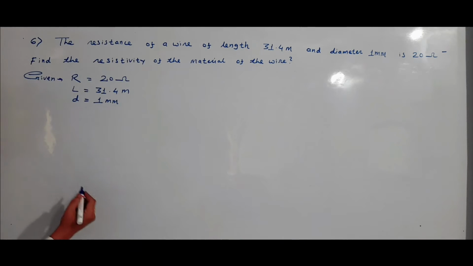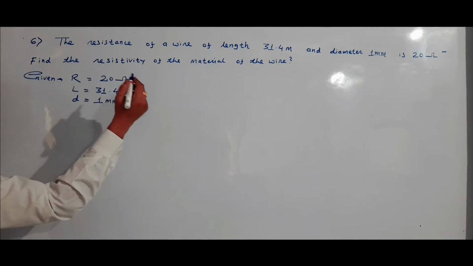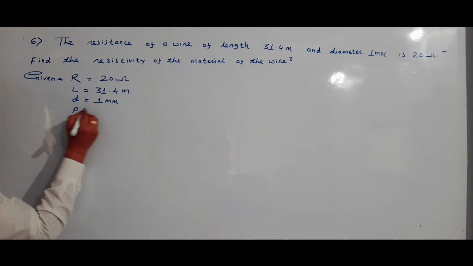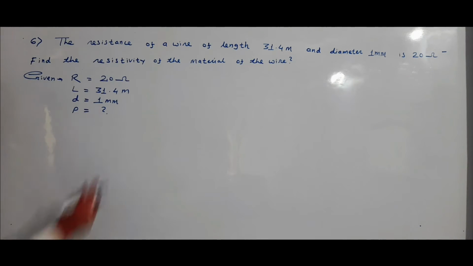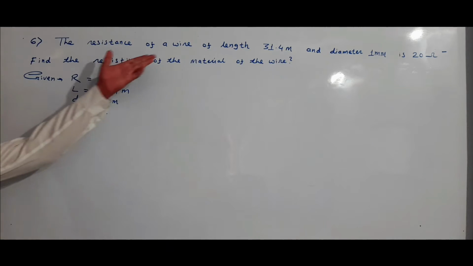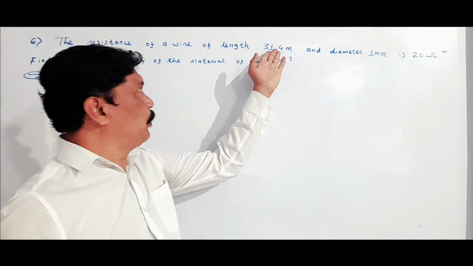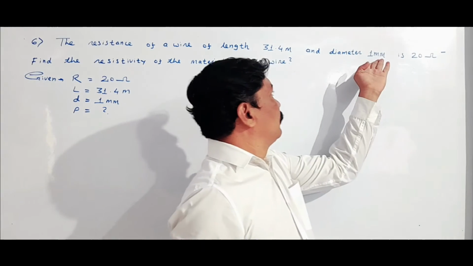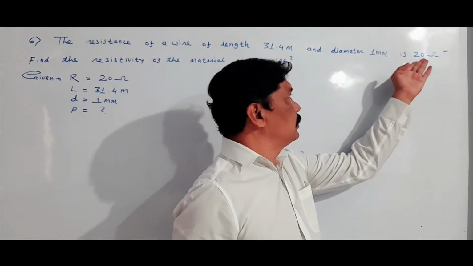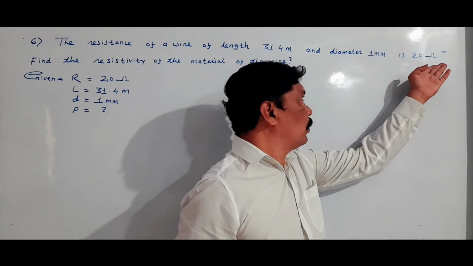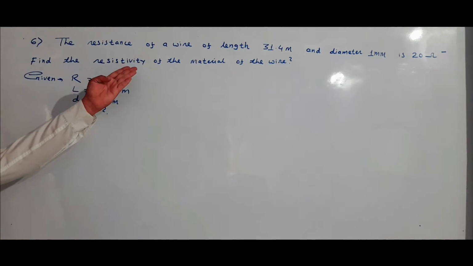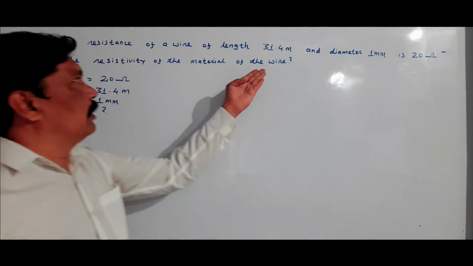Find the resistivity of the material of the wire. My dear student, the resistance of a wire of length 31.4 meter and the diameter 1 mm is 20 ohms. Find the resistivity of the material of the wire.